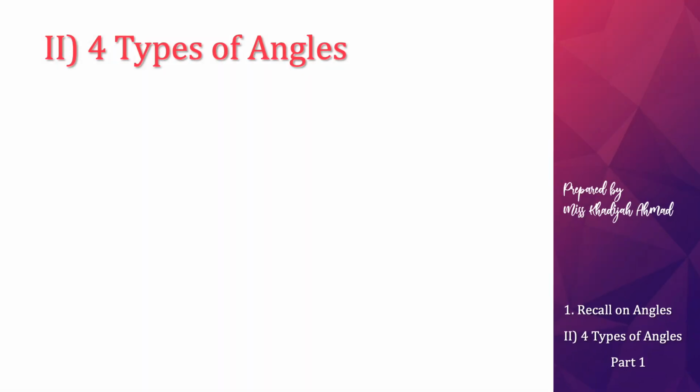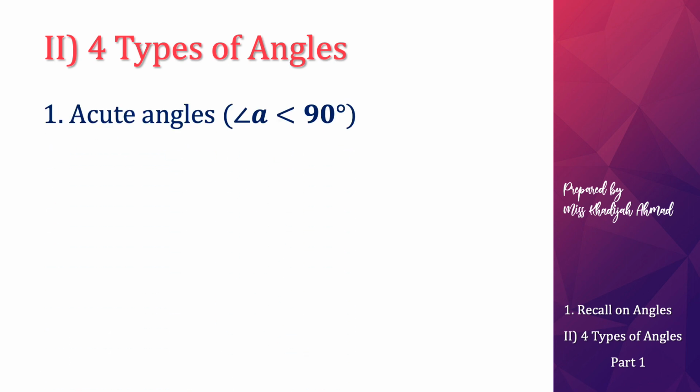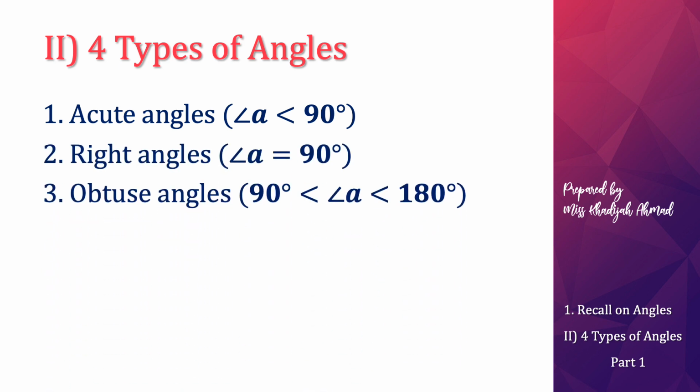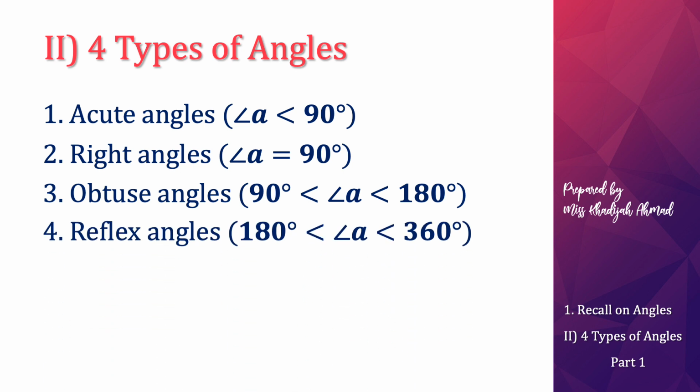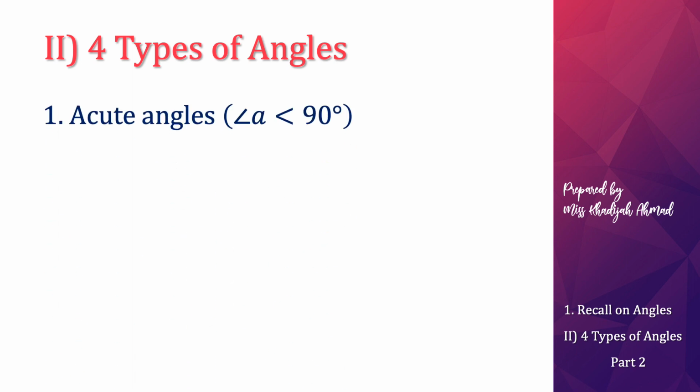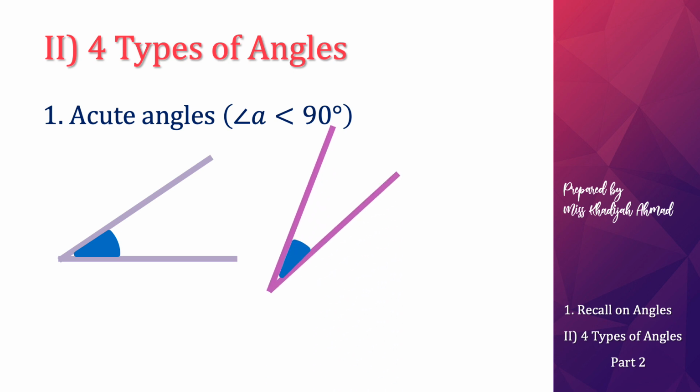The next thing that you need to recall are the 4 types of angle. 1. Acute angles. 2. Right angles. 3. Obtuse angles. And 4. Reflex angle. Acute angles are less than right angle. They are between 0 degree and 90 degree.